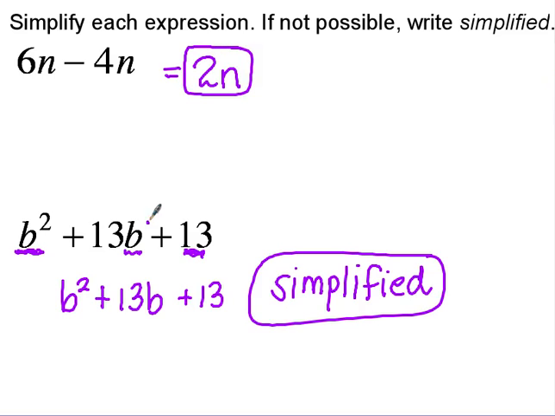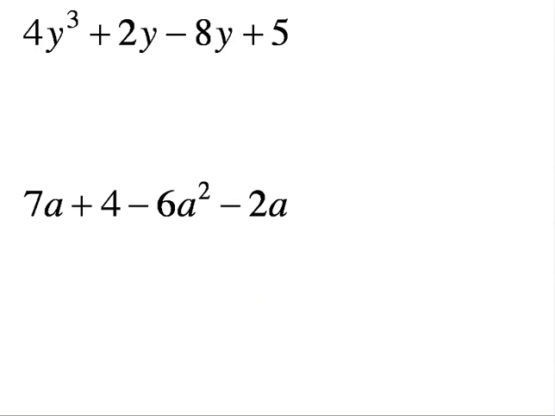Yeah. So then you would have had 1b squared plus 13b squared. So how many b squareds would you have then? 1 plus 13? 14, yeah. You just go ahead and add them.